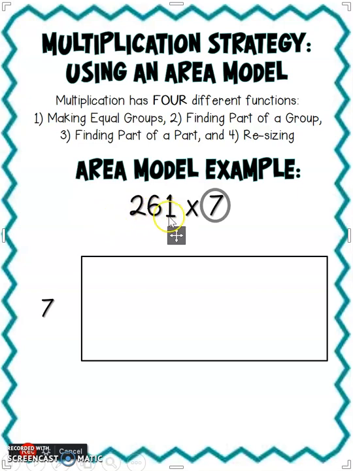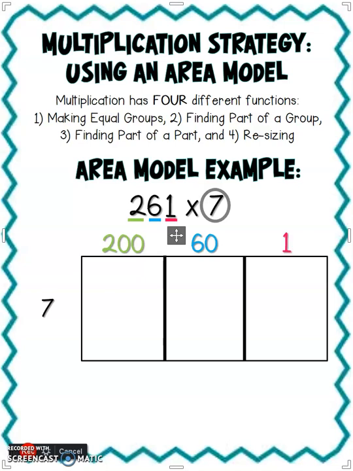In this case, I have a three-digit number, so I'm going to split my rectangle into three sections. The first will represent the 2, which I know is really worth 200 in this number. The middle section will be for the 6, which is really representing 60, and finally the 1, which is representing 1. So I'll go box by box to get my mini totals that I can add together.